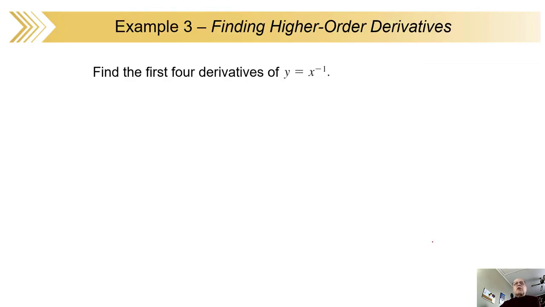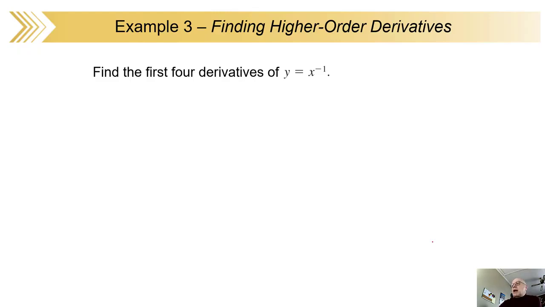Find the first 4 derivatives of this one. Now this one, notice, first of all, it's not a polynomial. Polynomials have exponents that have positive integral degrees, like 1, 2, 3, 4, 5, 1,562, for example. This one's a little bit different.